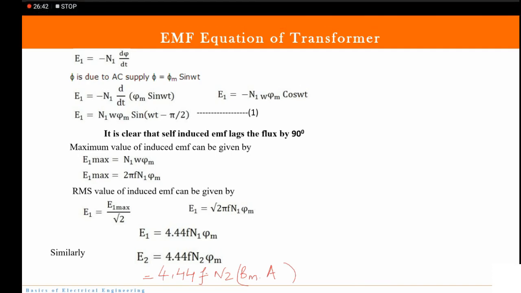Then how will we calculate induced EMF? By using this equation. I hope this much is clear to you.